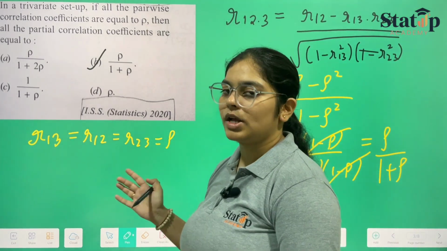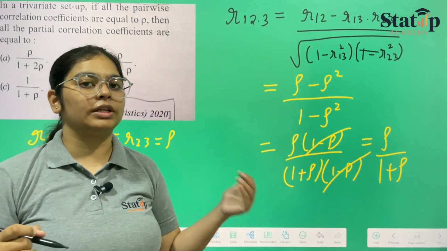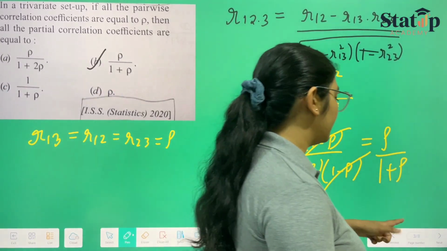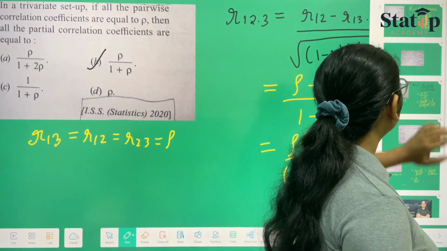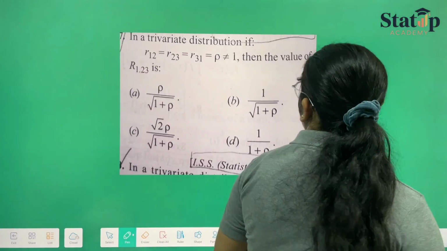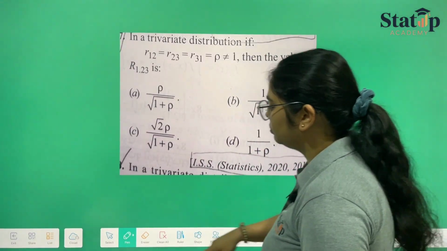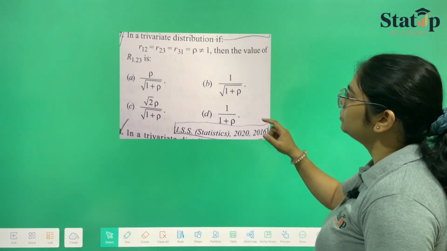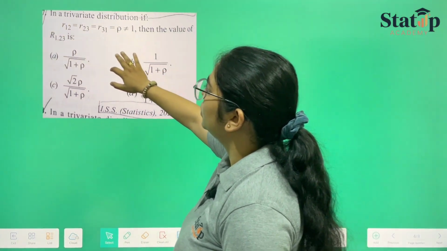So this is the main concept of the examination. Only this concept has been asked in the question. There is one more concept that they can ask you in the examination. But before this one, let us calculate for multiple correlation coefficient.